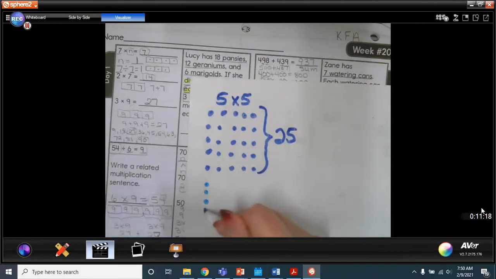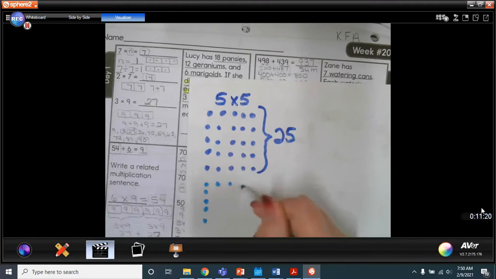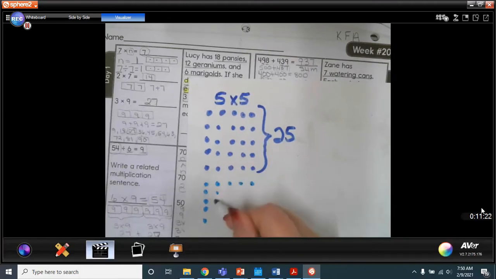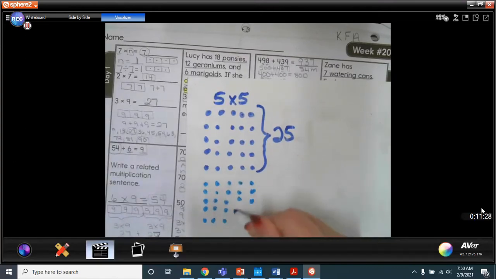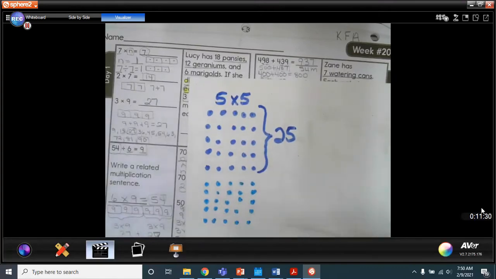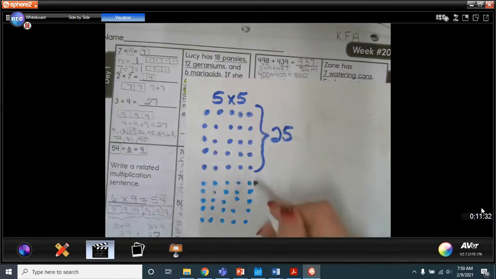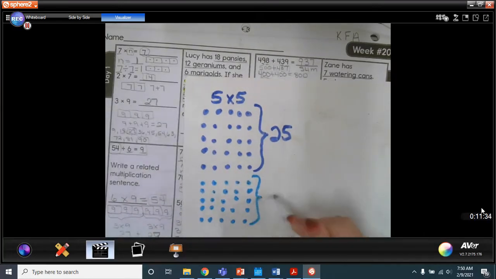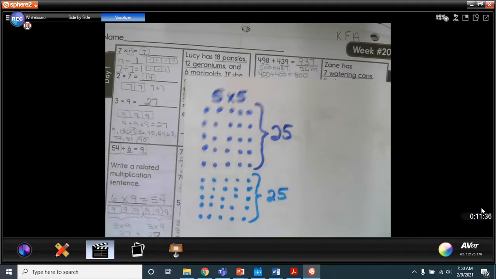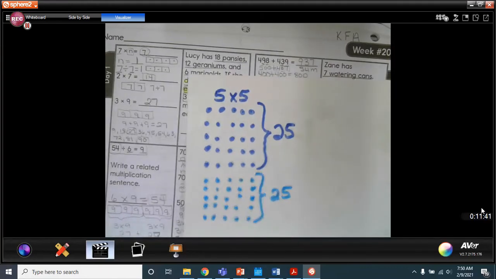And if I do this again, and this time I'm going to compact it a little bit, make them closer so I can fit all of this onto my screen. Okay, so there's another 25. So that's 2 groups of 25.